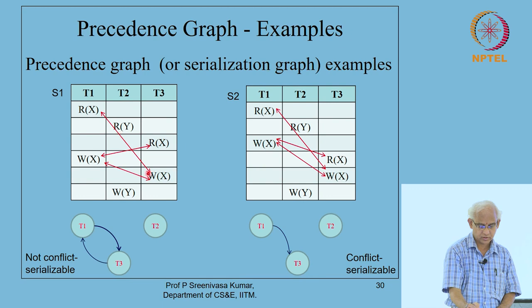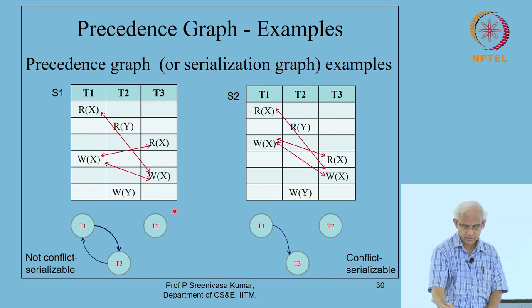Now, because of these conflicting operations, the operations of T3 precede those of T1, so an arc comes into the picture. So, the cycle comes into the picture because of that, and T2 is of course happily independent.